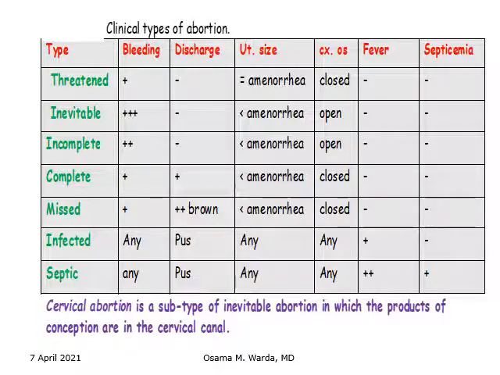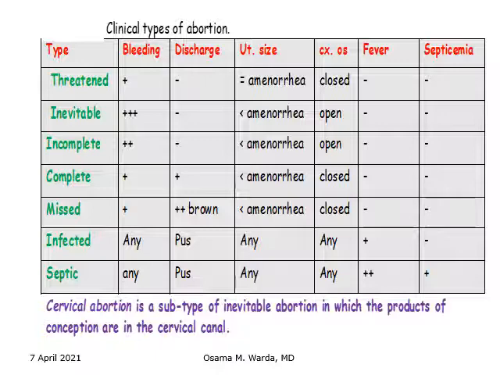The clinical types of abortion include threatened abortion. In such a case, the bleeding is minimal to moderate, there is no discharge, and the period of amenorrhea is equivalent to the size of the uterus.